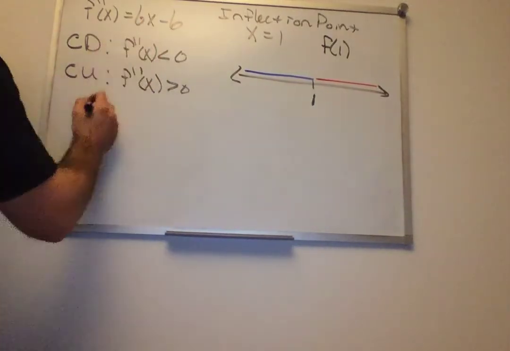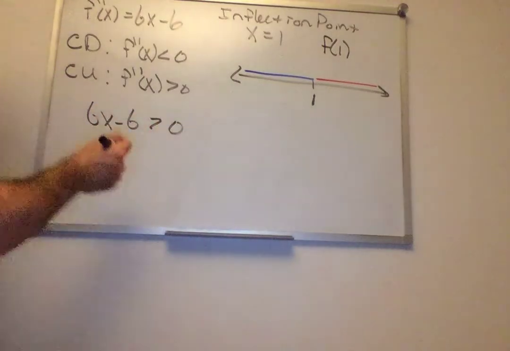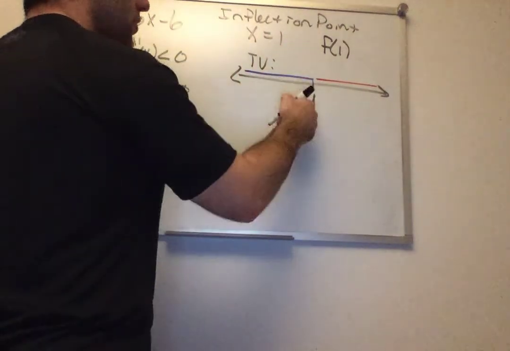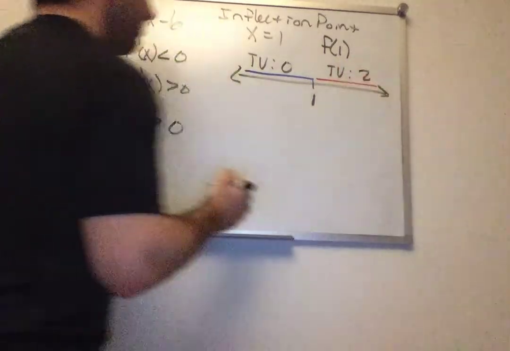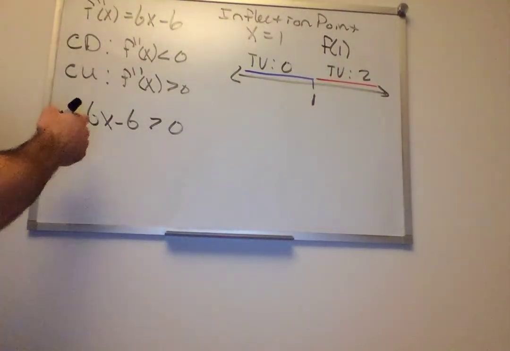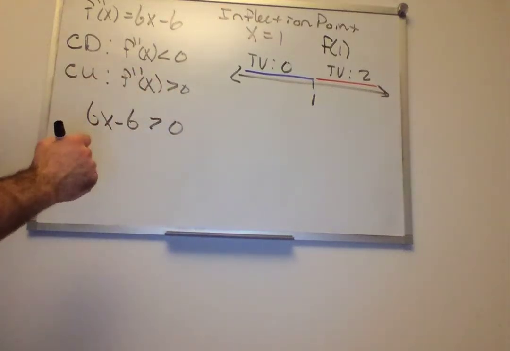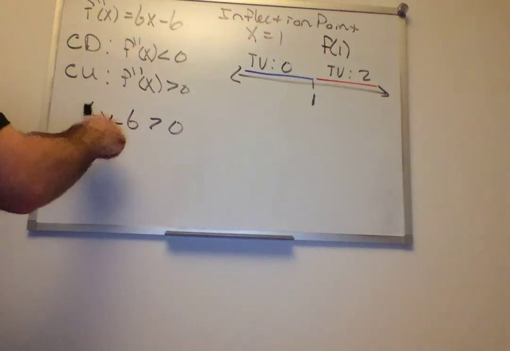We could just do concave up. So the second derivative, 6x minus 6, is greater than 0. This one's easy enough. We could plug in our test values. Since we're at 1, I could use 0 for the first interval, and over here I'm going to use 2. Since it's greater than 0, we're looking for concave up intervals, where the second derivative is positive.